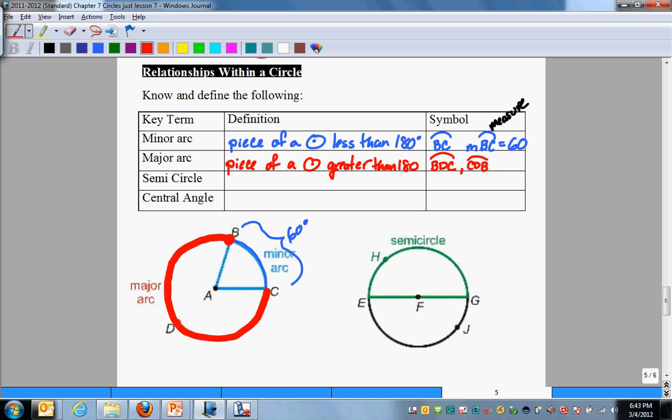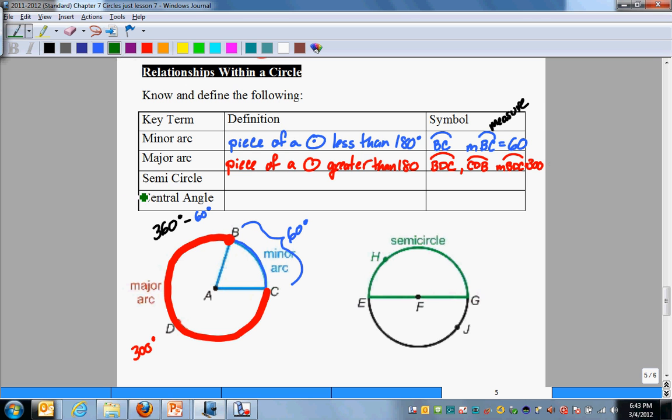And in this case, since circles add up to 360 degrees, if we want the actual measure of the arc, we would simply subtract that 60 degrees, and we would say the measure of the major arc is 300 degrees, and we'd represent it like this: the measure of BDC, with the arc symbol, equals 300. That is a major arc.